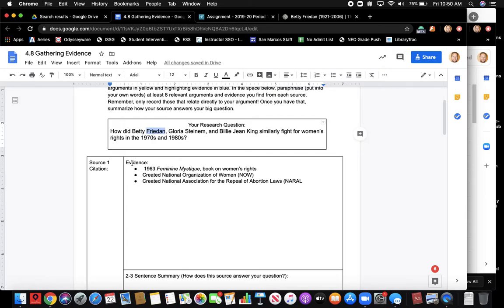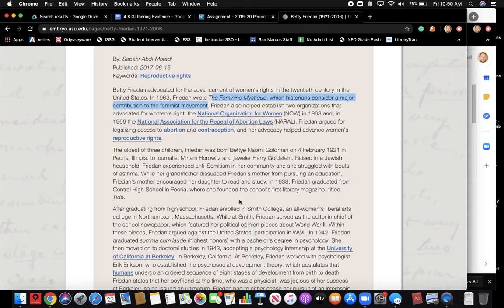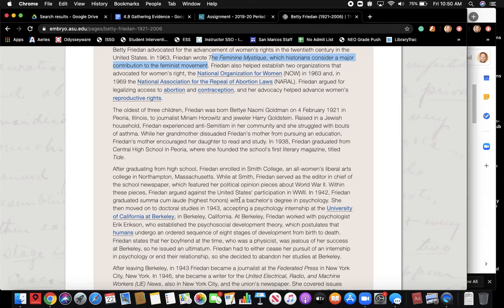So you're going to find, this is 3 examples of evidence. You're going to read through the whole source. I'm not going to do that with you on the screen. That'll take a very long time, and I don't think you necessarily need me to do that. But you're only going to find the information that is relevant. For example, this source goes into her background. Where was she? Who is she?